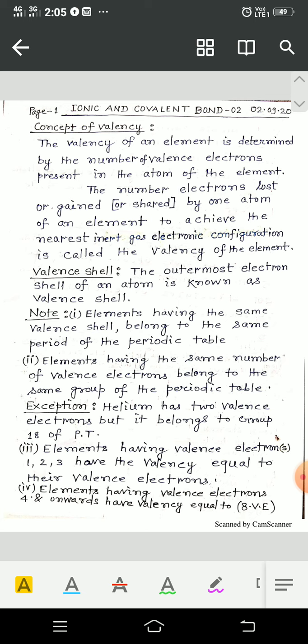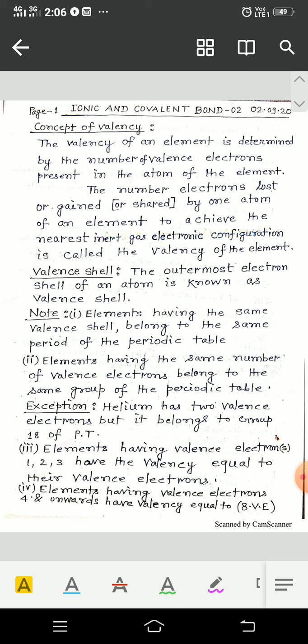Or if the atom of an element achieves the nearest inert element electronic configuration by losing 2 electrons, then also its valency is 2.